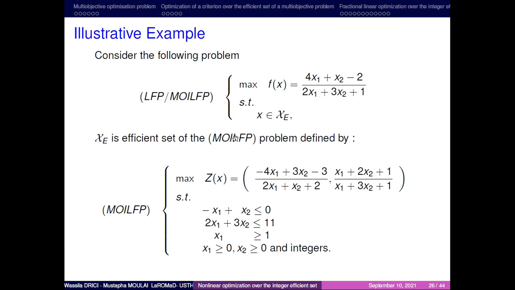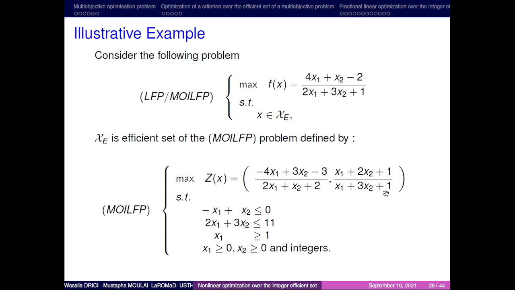For the problem, max z1 equal to (minus 4x1 plus 3x2 minus 3) divided by (2x1 plus x2 plus 2), and the second objective is (x1 plus 2x2 plus 1) divided by (x1 plus 3x2 plus 1).